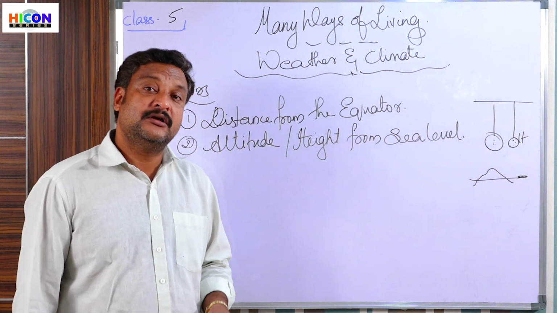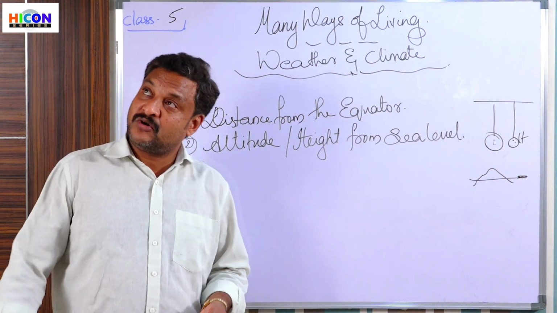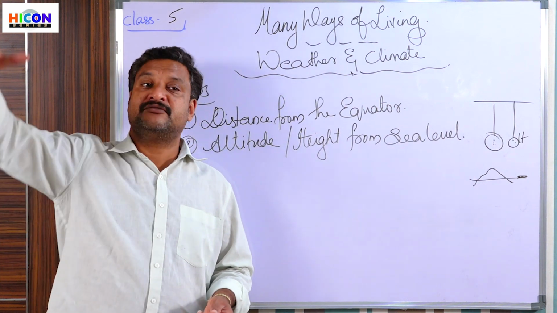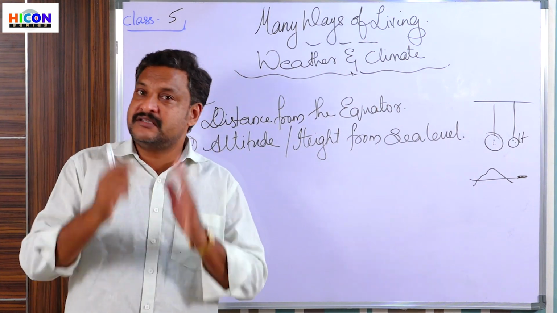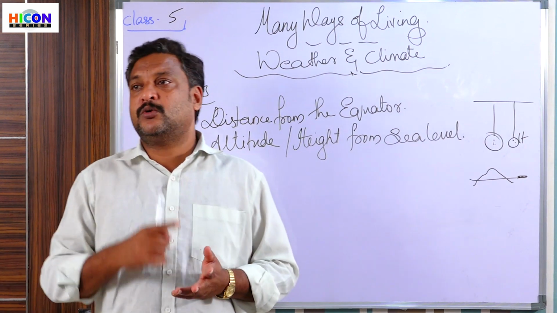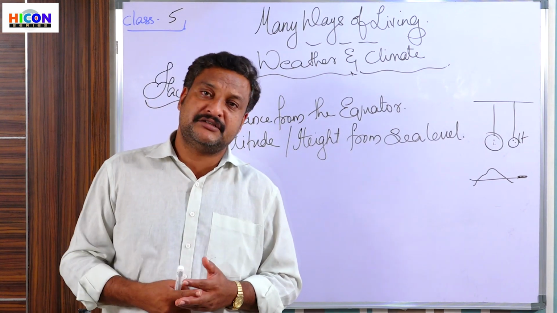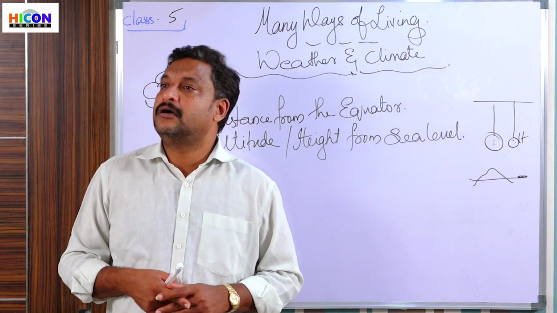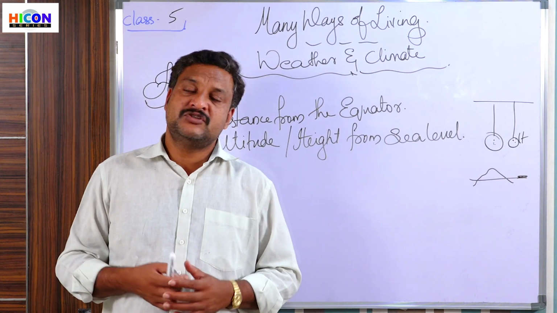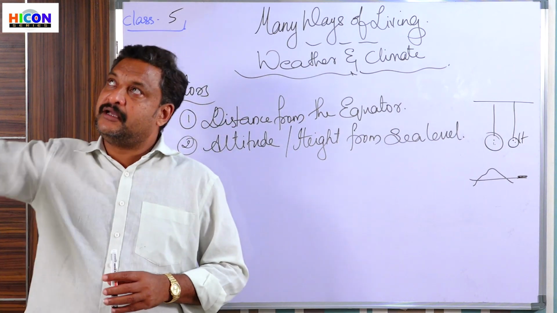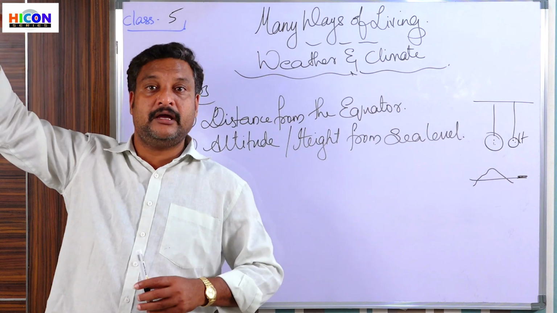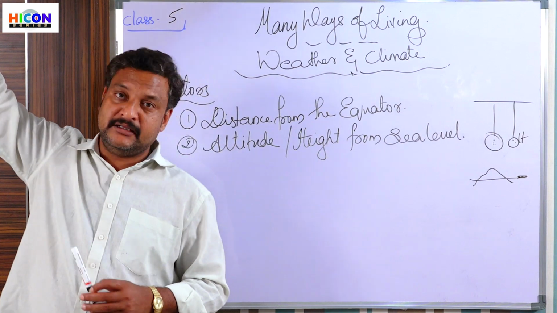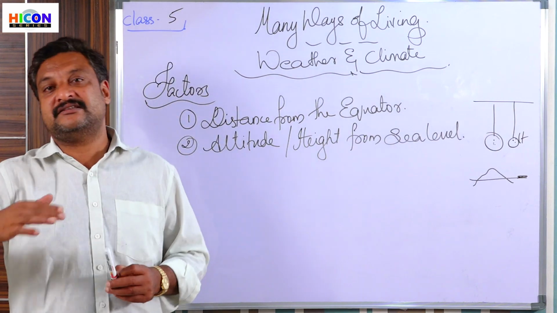Why are they cooler even during the summer season? Because they are at a high altitude. Altitude means the distance from sea level. All these hill stations, Ooty, Kodaikanal, Shimla, Nainital, Darjeeling, Mussoorie, Dehradun, Kullu, Manali, are located at a height much above the average sea level, and as we go higher in altitude, the temperature decreases.